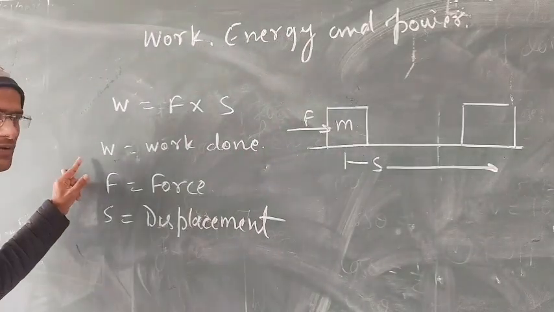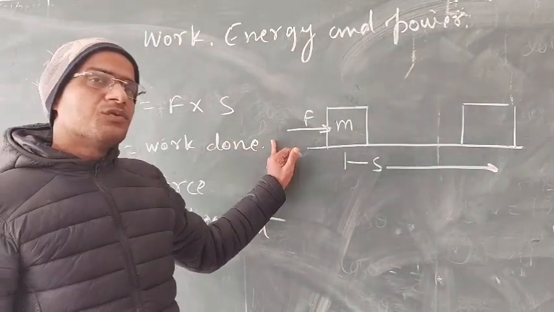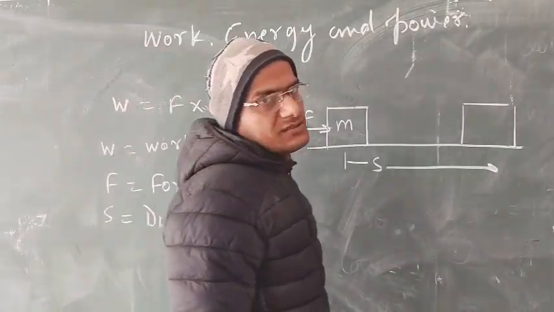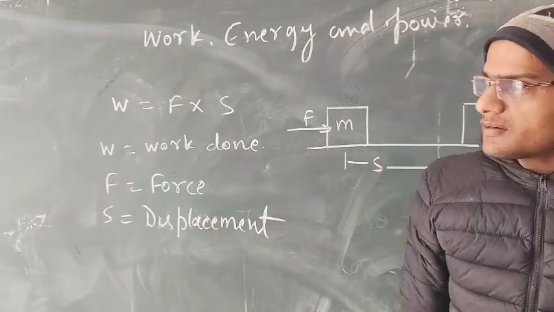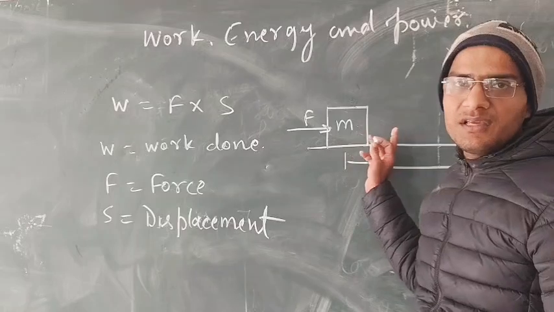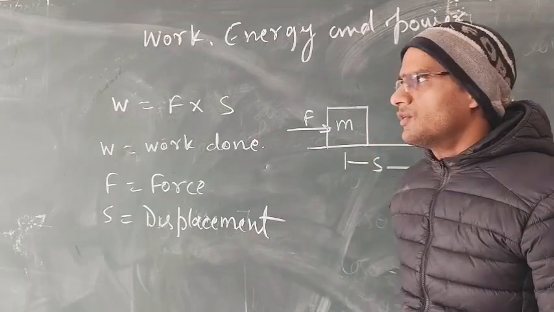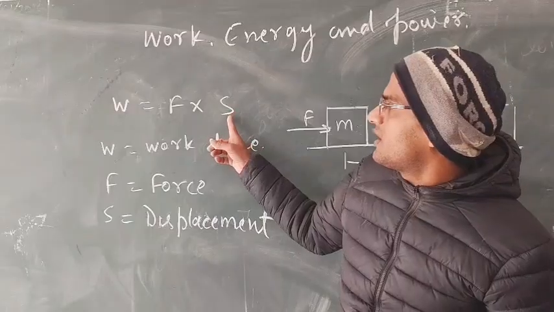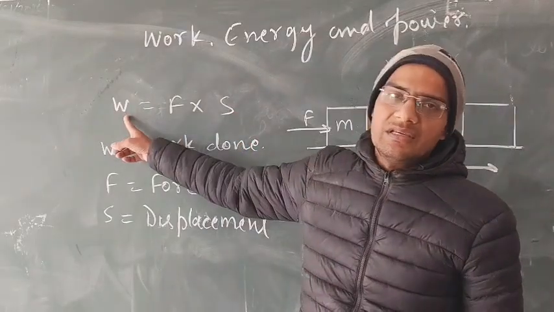Consider that this is a wall. If we apply force F on this wall and the wall doesn't displace, then the work done by the applied force will be 0, because if S is 0, then work will be 0.